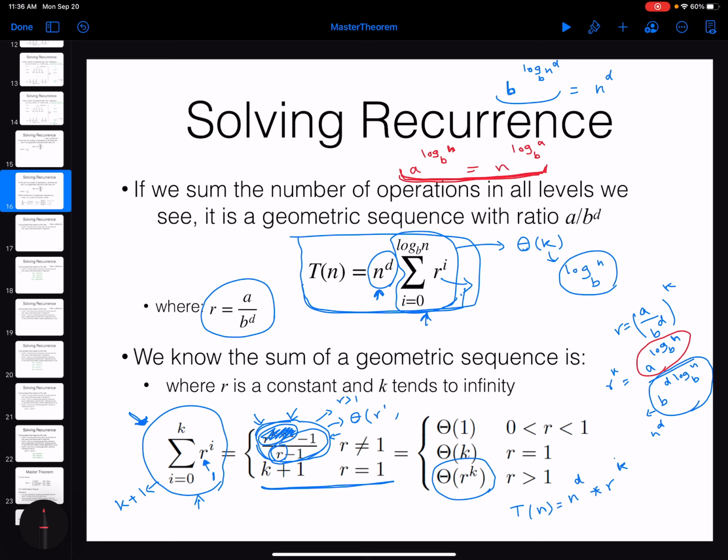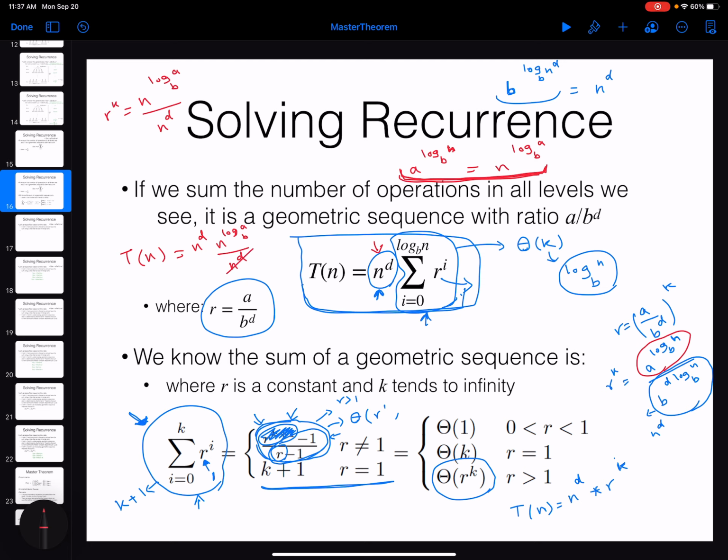Okay, so the final result of r to the power of k will be equal to n to the power of log of a in base b divided by n to the power of d. If you multiply it by n to the d, in total T of n will be equal to n to the d times n to the log of a in base b divided by n to the d.